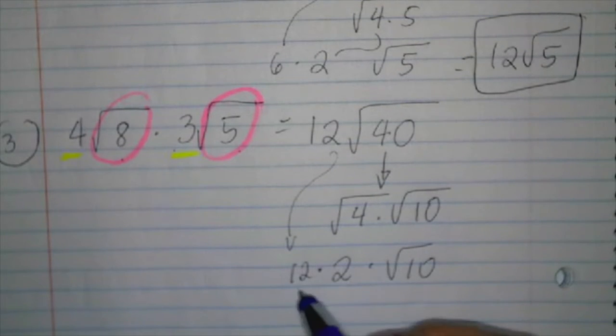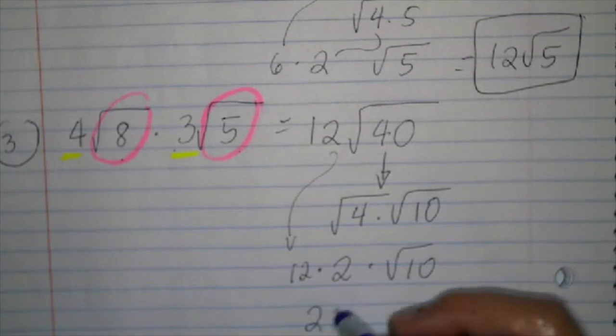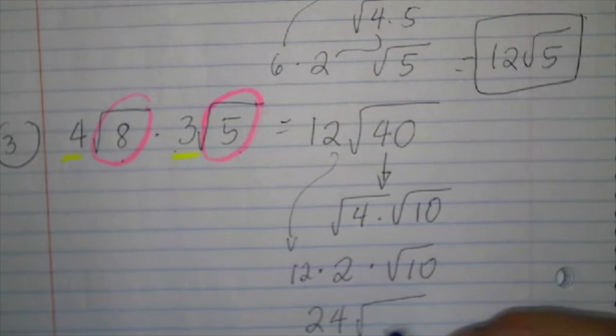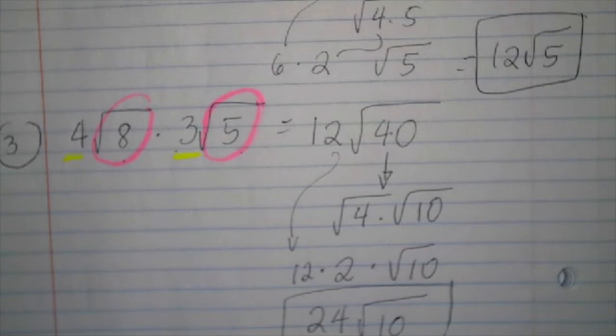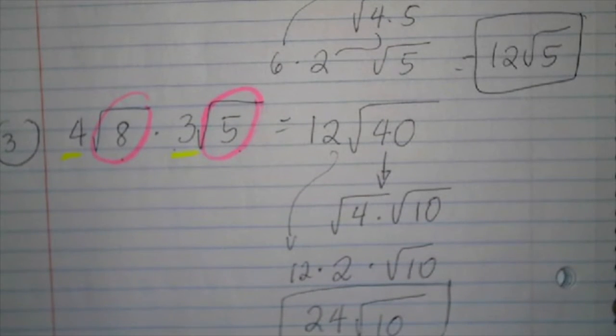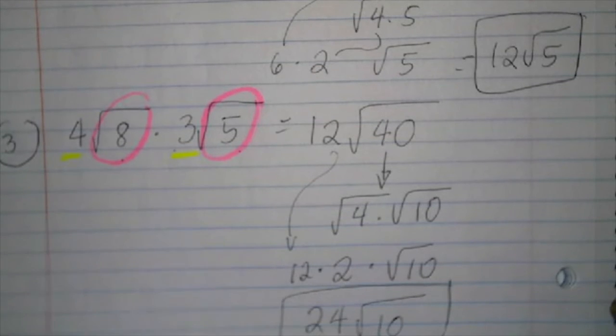Bring down square root of 10. Bring down your 12. So 12 times 2 will give you 24 square root of 10. This is now your answer. So going back and forth, if they're exactly the same, we just take it out from the radical symbol and leave the radical by itself.